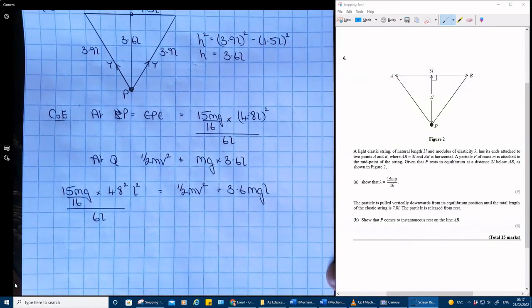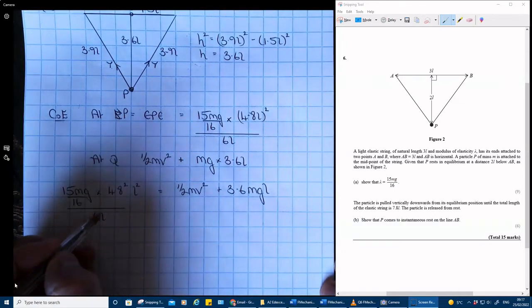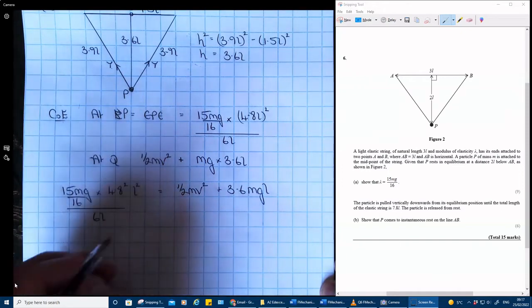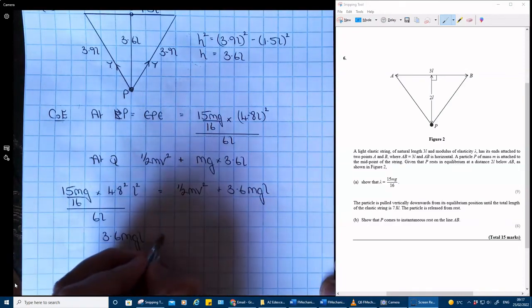Okay, now the left hand side, rather conveniently, the L's cancel, so to put this in the calculator, the mg and the L I will leave out. 15 over 16 times 4.8 squared over 6 gives us 3.6 mgL.